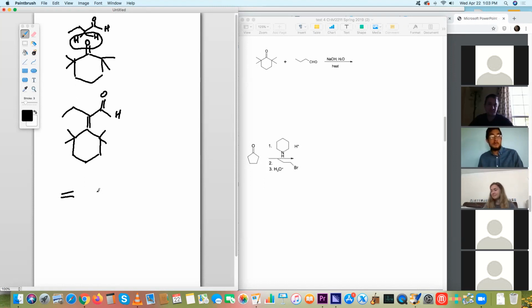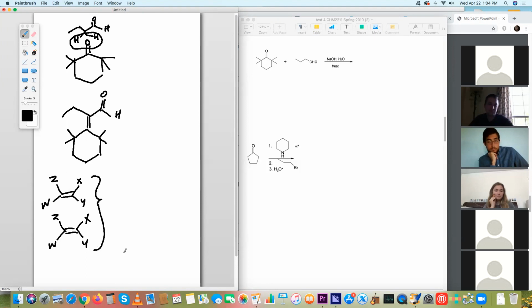So let's say we've got this situation here. These are representative of two possibilities that we can get for arrangement of things around a C=C double bond.